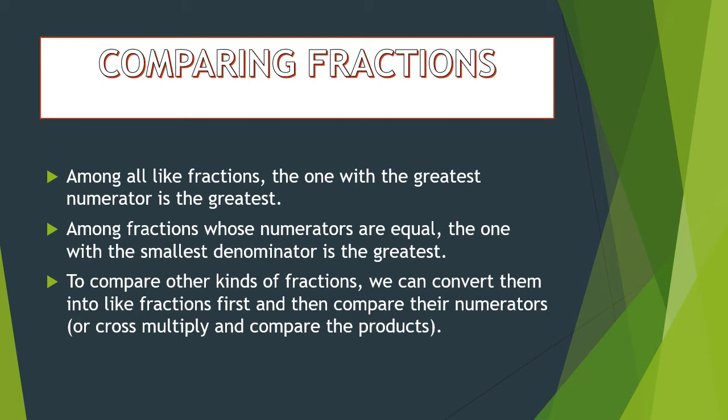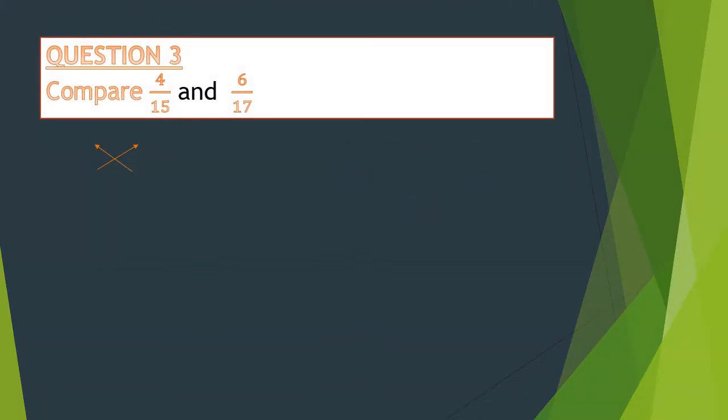Now let us see with the help of some questions. Compare 4 upon 15 and 6 upon 17. So we need to cross multiply these fractions. 4 multiplied by 17 is equal to 68 and 6 multiplied by 15 is equal to 90.